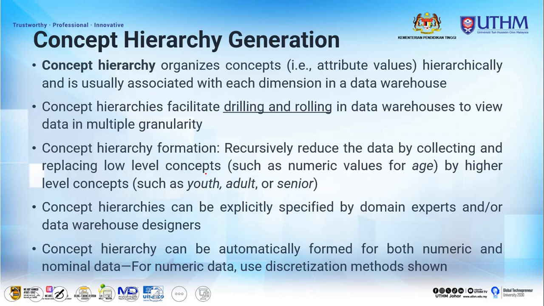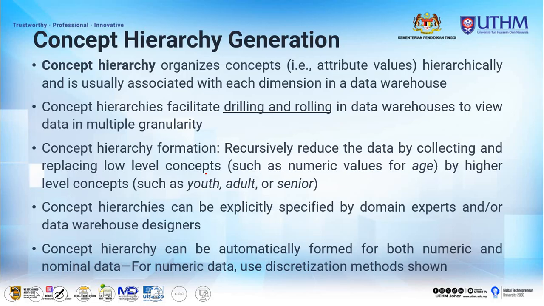Okay, this one is organized as a concept hierarchy, where its association with data warehouses is that the concept of hierarchy is typically associated with each dimension in a data warehouse. For example, the time dimension: year, quarter, month, and day.